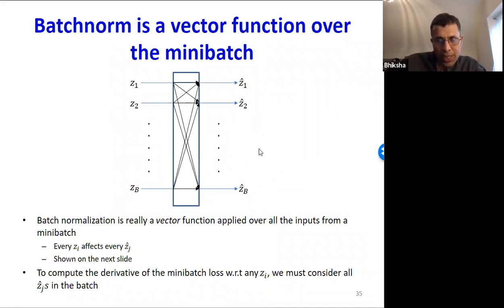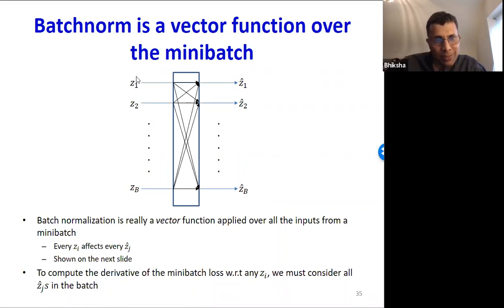To see this, let's consider the dependencies at a single neuron. Within any neuron, if you consider all of the affine values Z within a mini batch as a single collection, or a single vector, then batch normalization can be viewed as a vector operation that operates on the collection of these Z's to compute their normalized and shifted versions, Z hats.